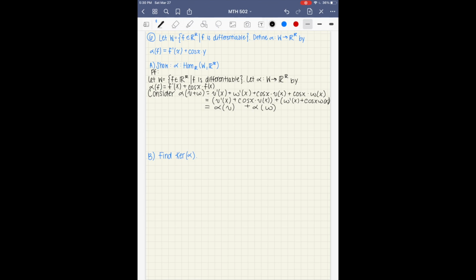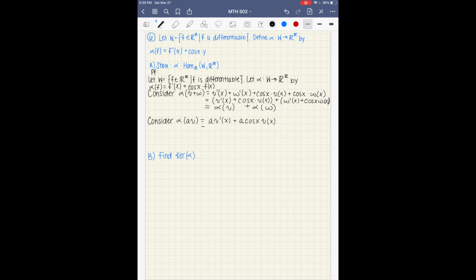So we've proved the first condition. Now we have to show scalar multiplication. So now we're going to consider alpha of av, which would give us av prime of x plus a cosine x v of x.